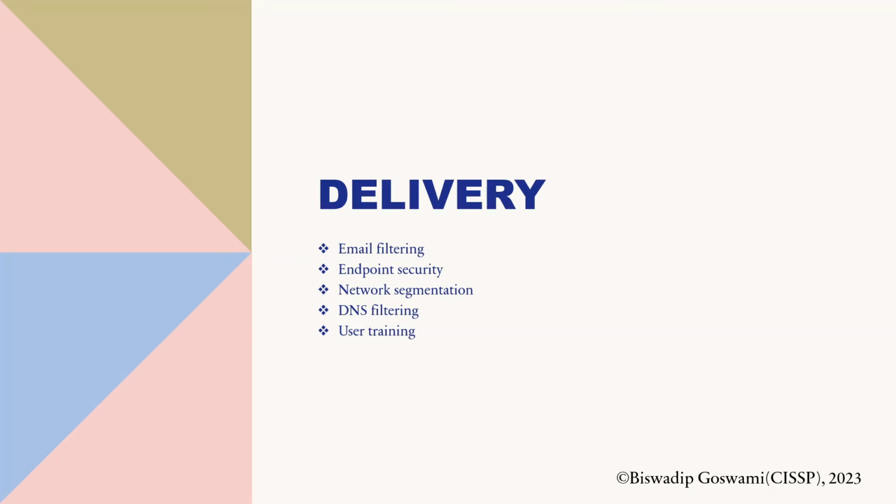Educating the users, as always, on safe email and browsing habits can help prevent the delivery of a malicious payload. Teach the users not to open suspicious emails or click on unknown links, and to report any suspicious activity to IT immediately.